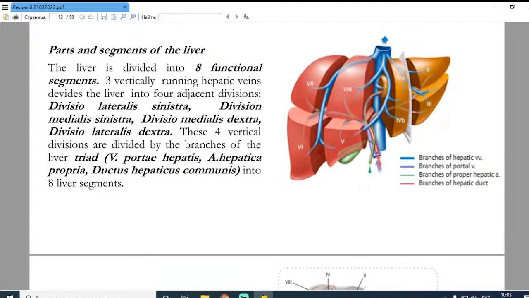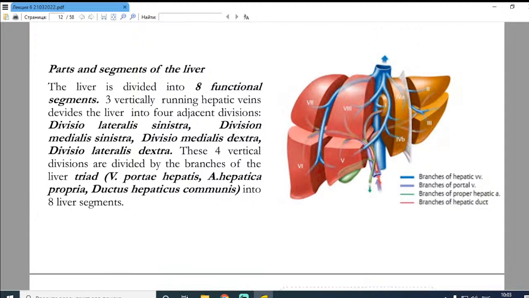Parts and segments of the liver. The liver is divided into 8 functional segments.